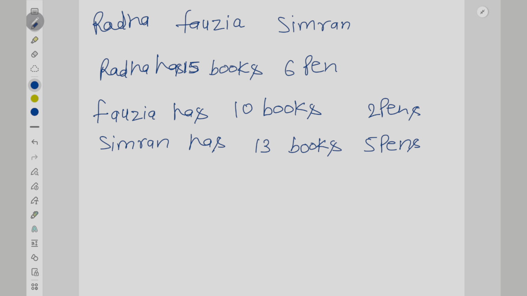Then we can arrange these in a tabular form as follows. Radha has 15 books and 6 pens, Fazia has 10 books and 2 pens, and Simran has 13 books and 5 pens.